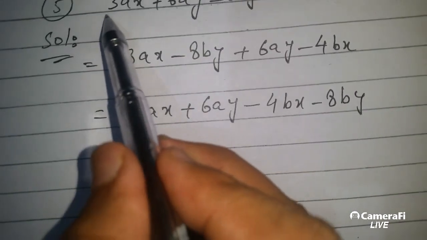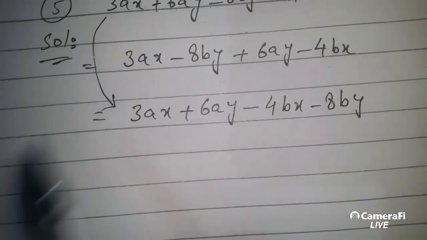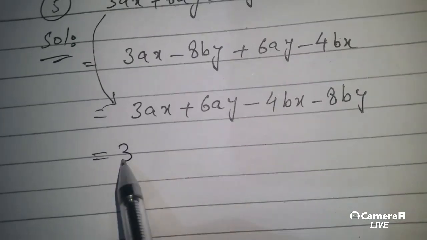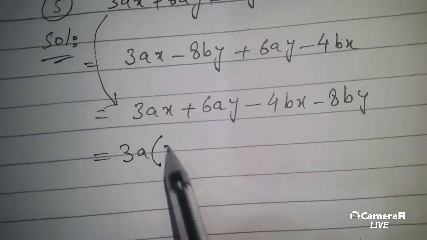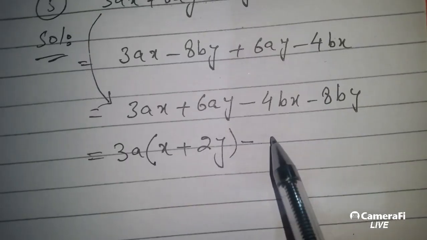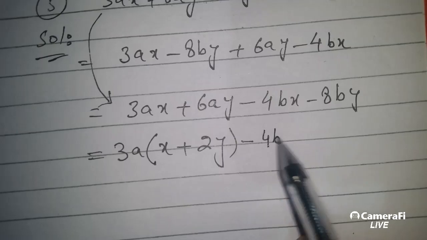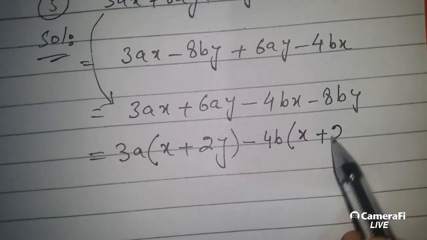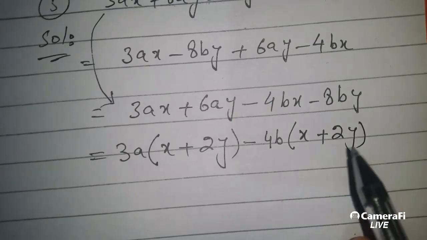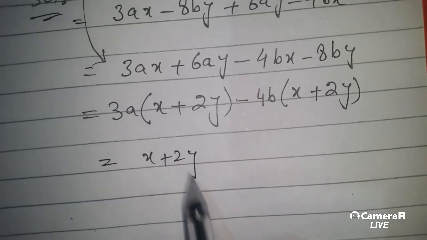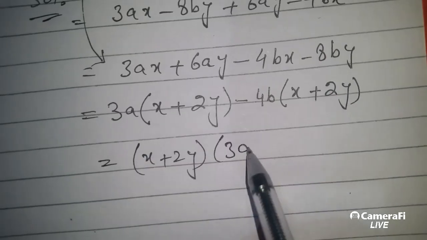I have just written these as it is. From these two terms I can take 3a as a common. From the other two terms I can take minus 4b as a common factor, and what is left is x plus 2y. So x plus 2y and 3a minus 4b.